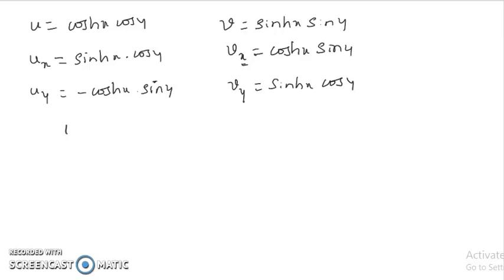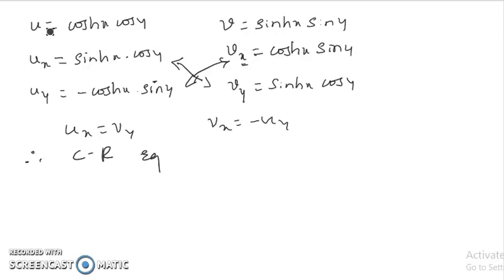Okay, we know the CR equation: u_x is equal to v_y, so these two are equal. And v_x is equal to minus u_y, so these two are equal. Therefore the CR equations, that means Cauchy-Riemann equations, are satisfied.